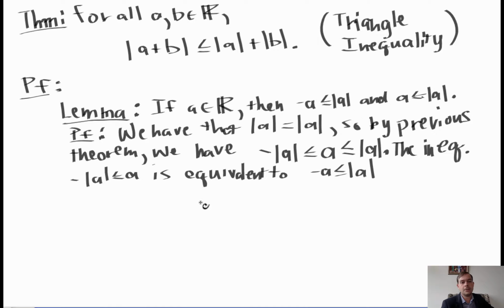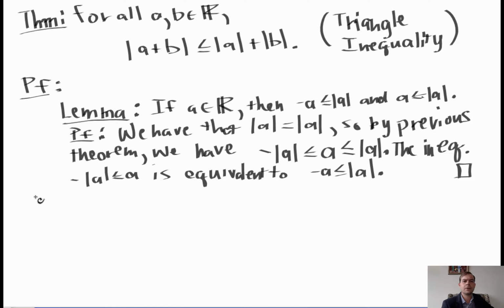And you can establish that using additivity twice, right? So we add absolute value of a to both sides to cancel this out, and then we subtract a from both sides to cancel things out. And then clearly we have a less than or equal to absolute value of a via this inequality. And so we've shown that this holds, and so we can end the proof of the lemma.